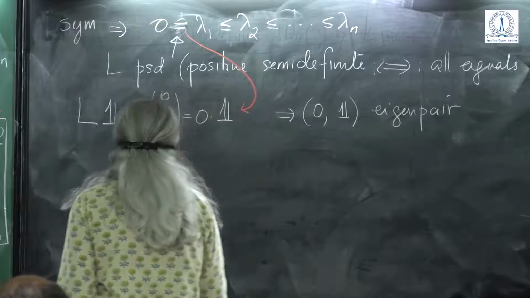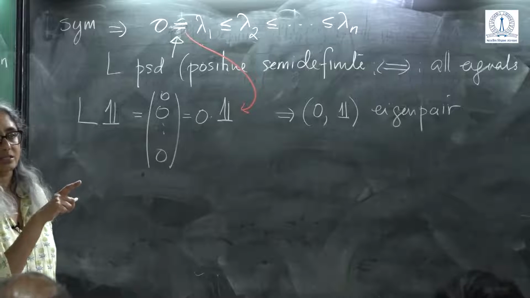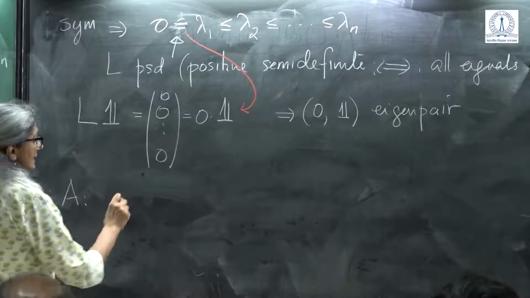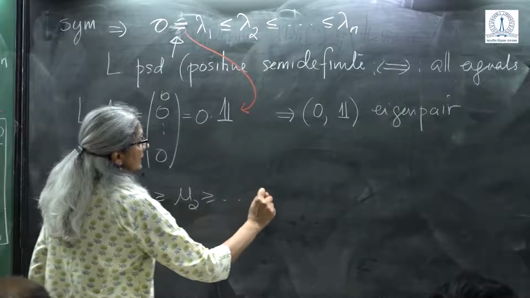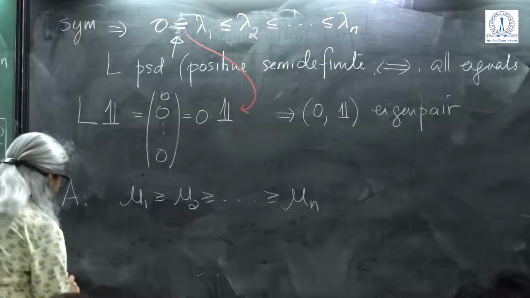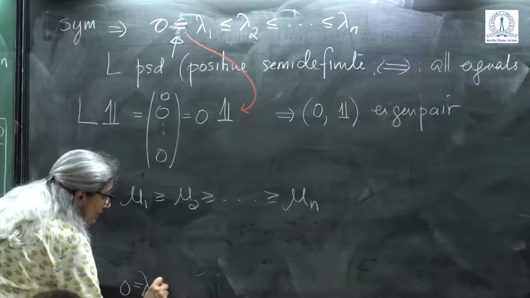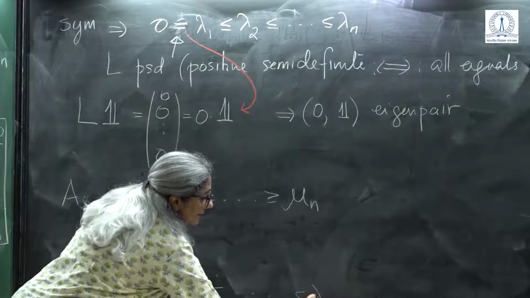Can you work out the relationship between these lambdas and the mu's that we saw before? Before we had the adjacency matrix, and its eigenvalues were mu1 greater equal to mu2 greater equal to mu n. And now we have the Laplacian, and its eigenvalues are lambda 1, which is 0, less or equal to lambda 2, less or equal to lambda n.